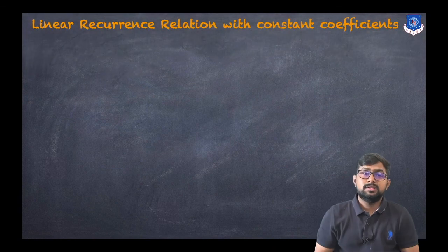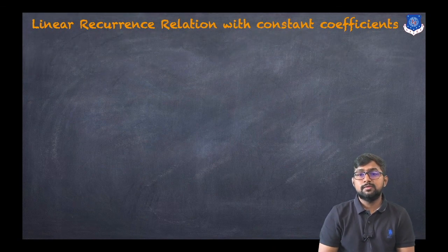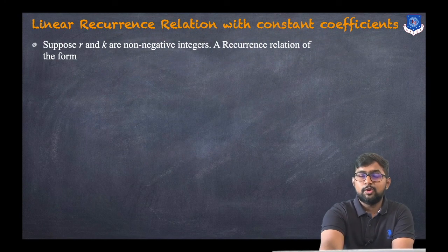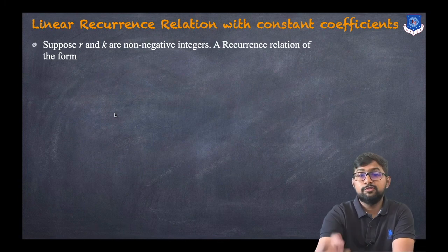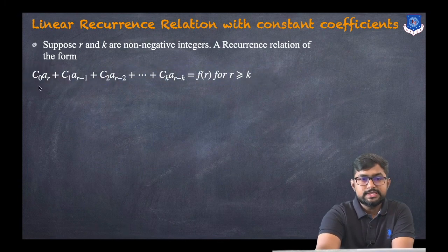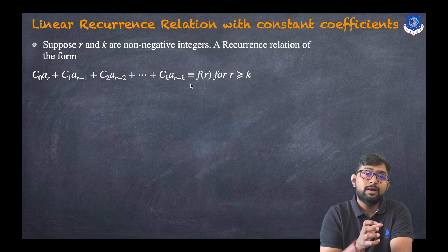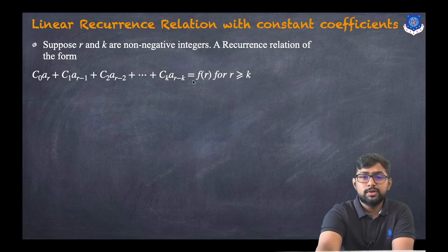Now let us understand what is a linear recurrence relation with constant coefficients. Suppose r and k are non-negative integers, and a linear recurrence relation is of the form c0 a_r plus c1 a_(r-1) plus c2 a_(r-2) up to ck a_(r-k) equals f(r), where r is greater than or equal to k.